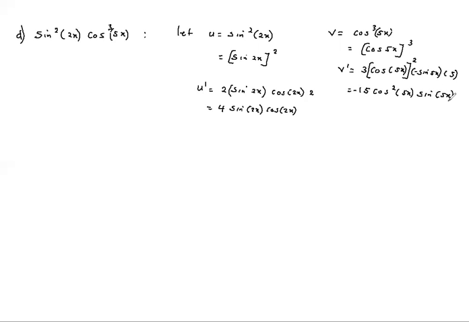So now the derivative of this is going to be u prime, which is 4 sine 2x cos 2x, that is u prime, multiplied by v, cos^3 5x, minus v prime.